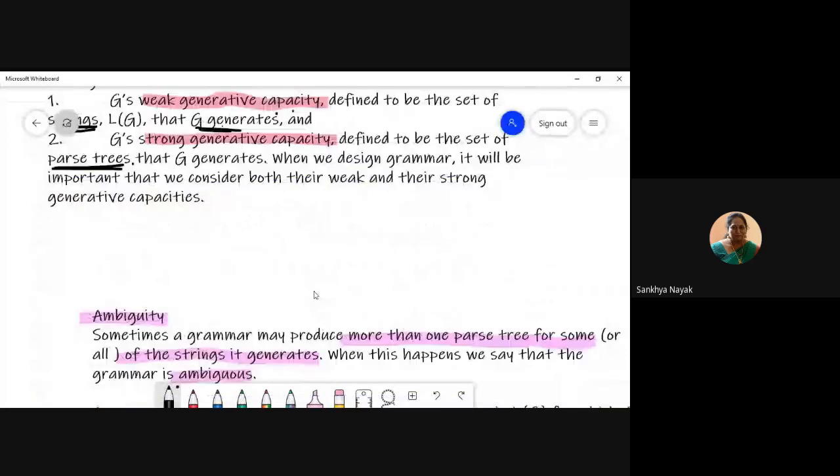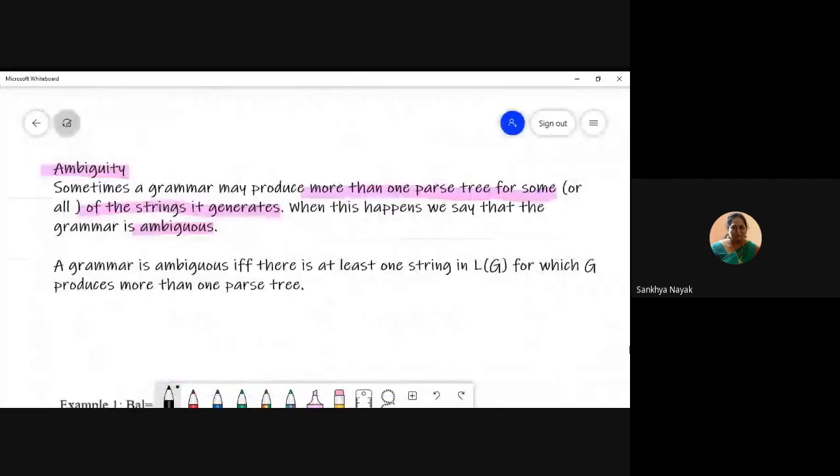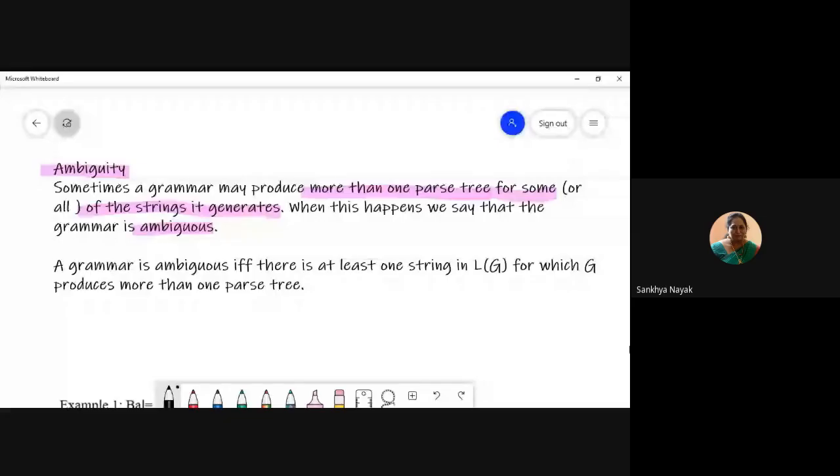Now, what do we mean by ambiguity? Sometimes for a string there will be multiple parse trees. In such a case, we say the grammar is ambiguous. Let me repeat this. We have rules in the grammar. We have written a context-free grammar. Suppose for some string, you just saw me writing a parse tree for a string called AAB.